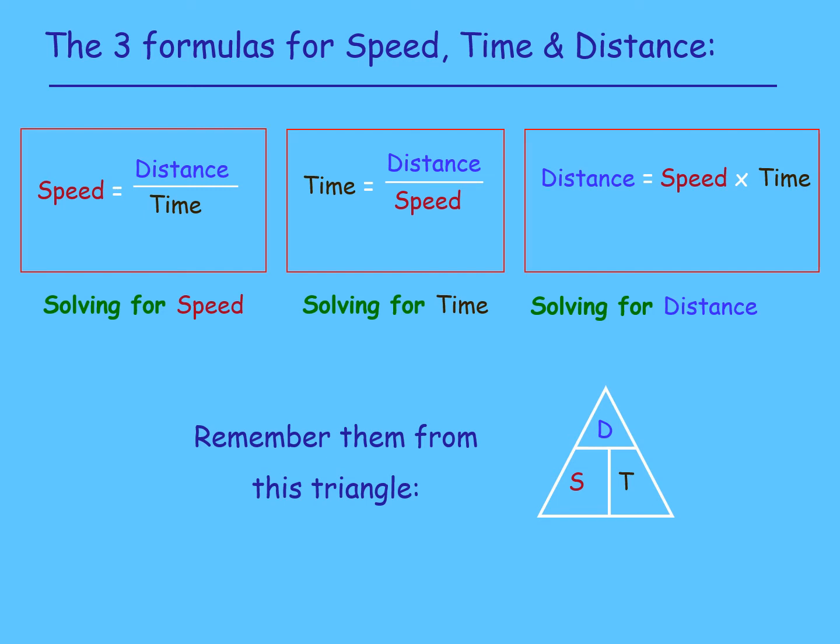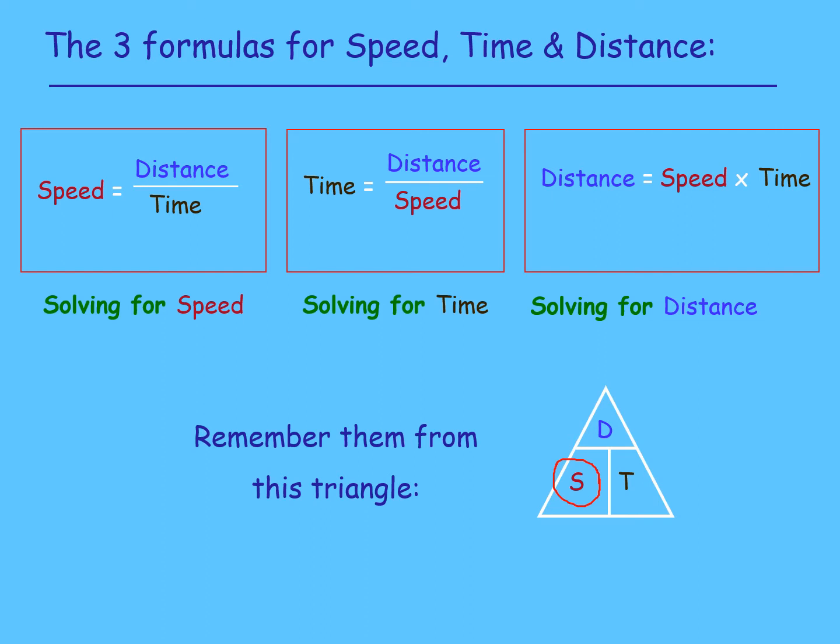D is for distance, S is for speed, and T is for time. If the problem is speed, then the formula for this one is d all over t, or distance divided by time.